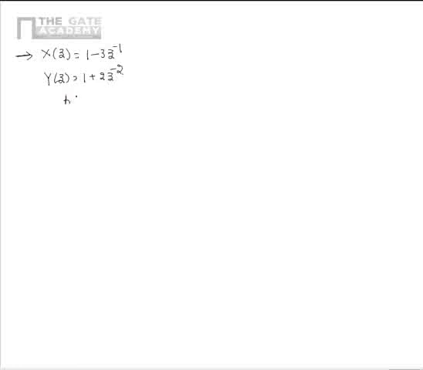It's given that the impulse response of an LTI system is given as h of n is equal to x of n minus 1 convolved with y of n, where star represents discrete time convolution. Now, for the same LTI system, if an input of delta of n minus 1 is given, find the output.